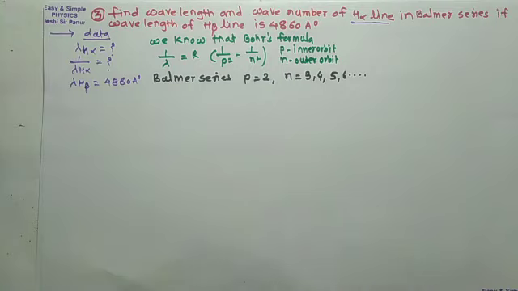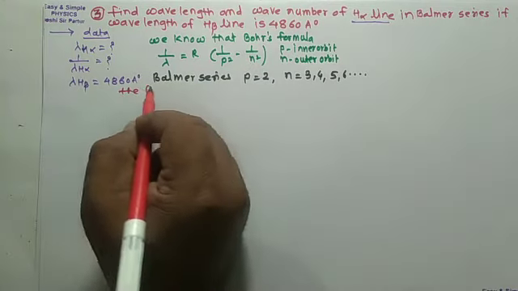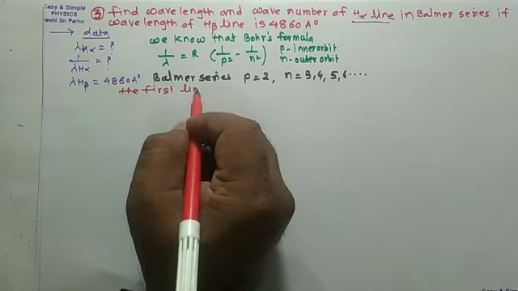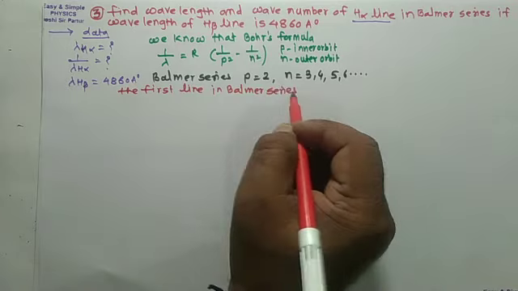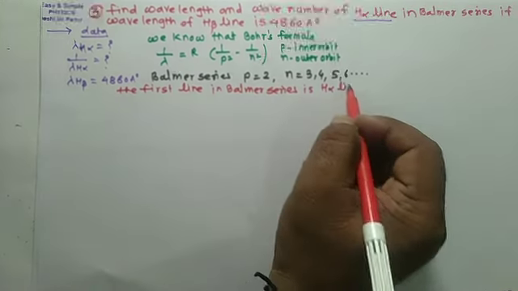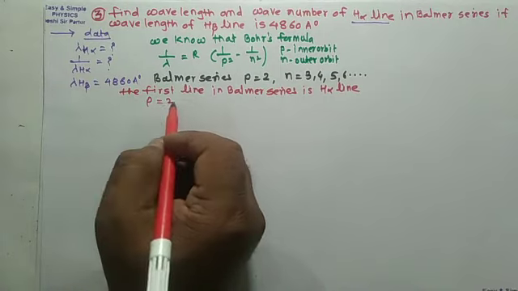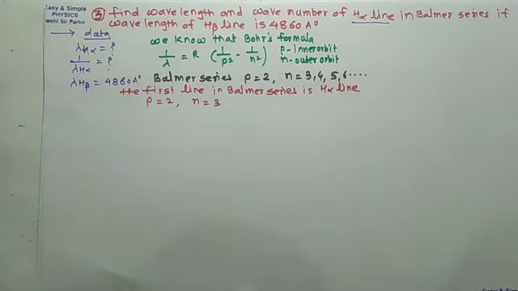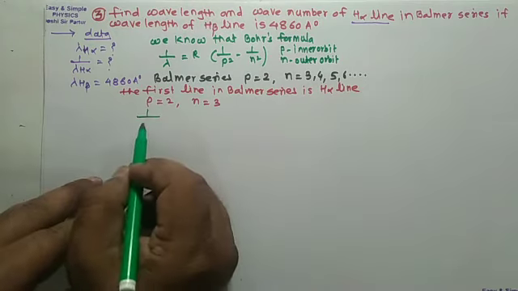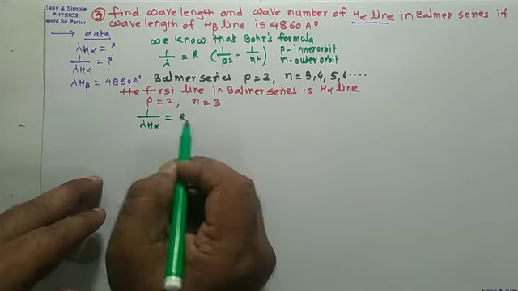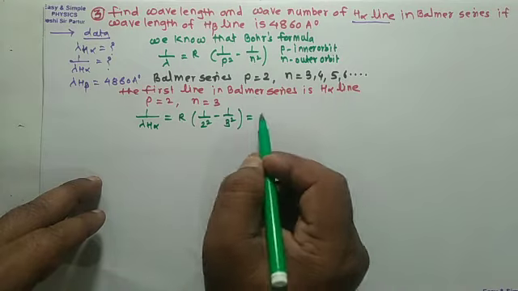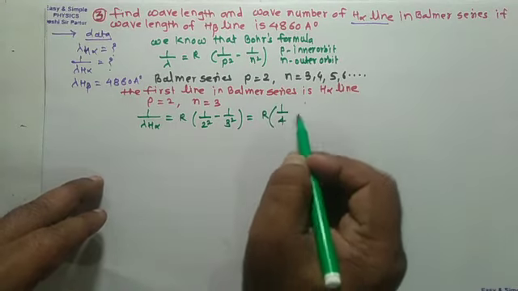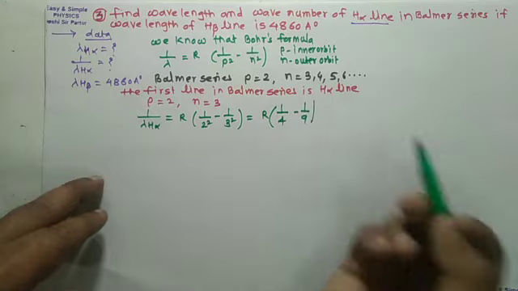The first line in the Balmer series is the H alpha line. So p equal to 2 and n is equal to 3. So here we can find 1 upon lambda H alpha equal to R in bracket 1 upon 2 square minus 1 upon 3 square, which is equal to R in bracket 1 upon 4 minus 1 upon 9.